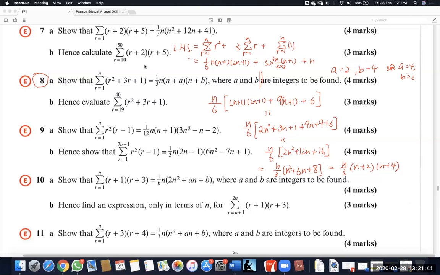If you get this one, then you can hence evaluate this one. Just the same, you do the summation always from 1 to 40, something here, minus 1 to 18. Then substitute 40 and 18 in these formulas, and then use your calculator.